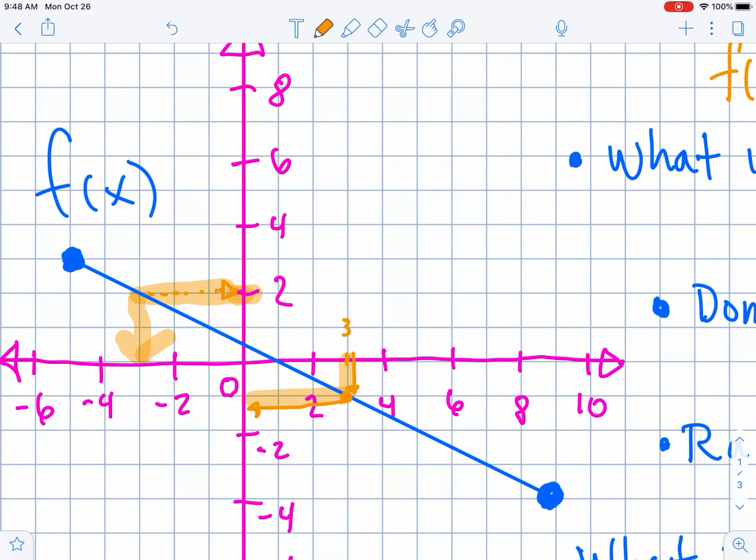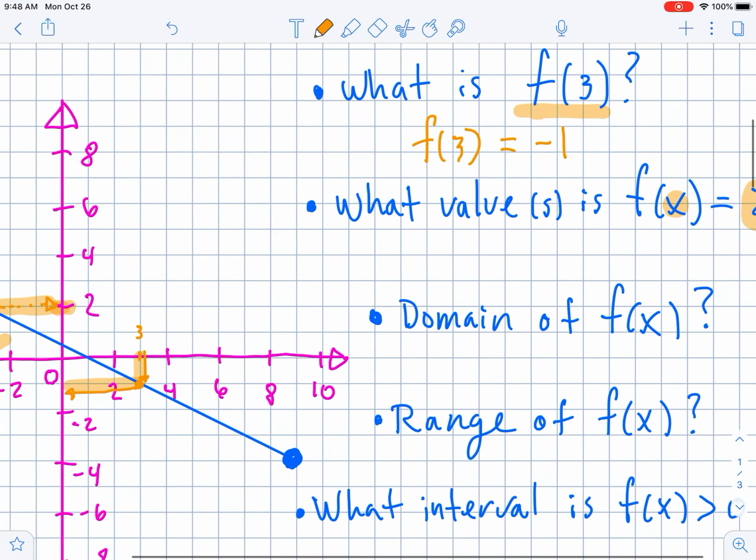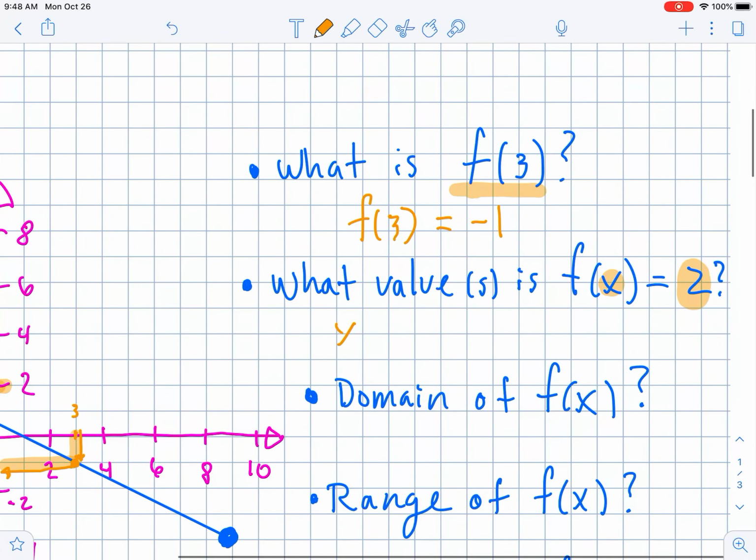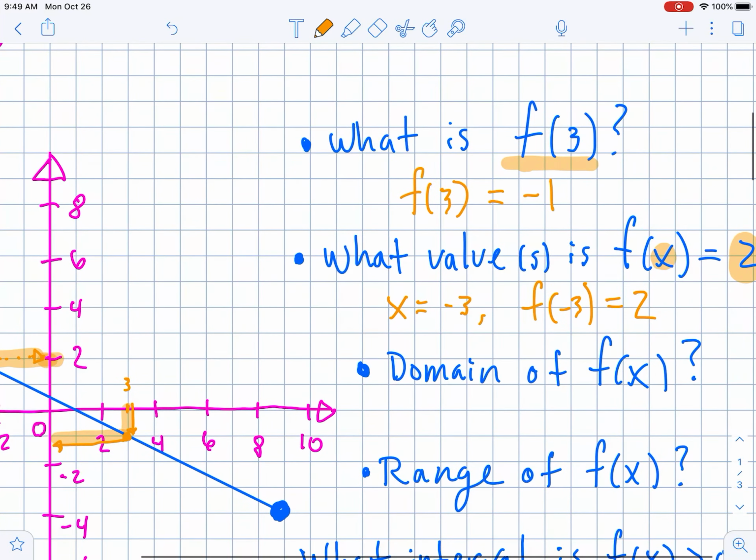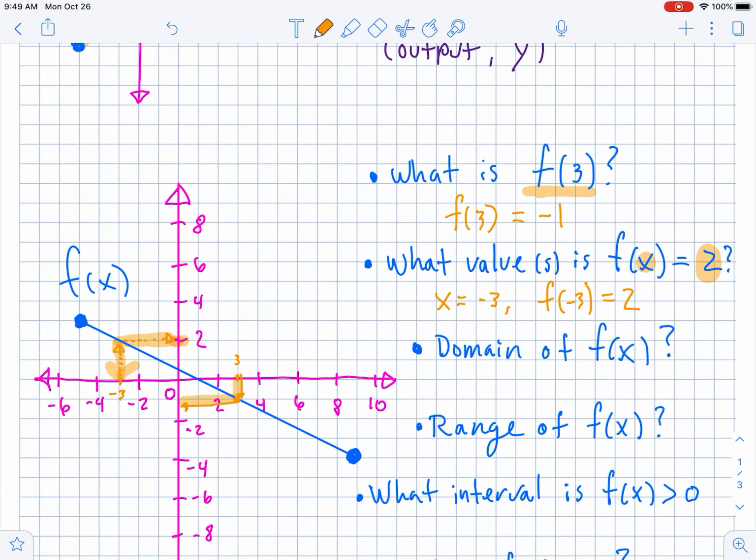So here, the output of 2 corresponds with an input of -3. So we can say x equals -3, or another way to write that is f of -3 is equal to 2. If you put in a -3, a 2 comes out of it.